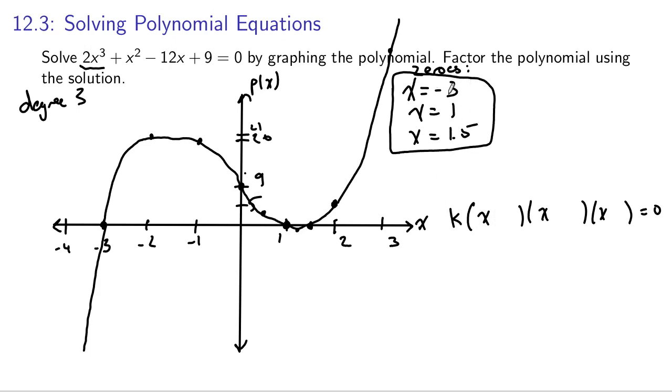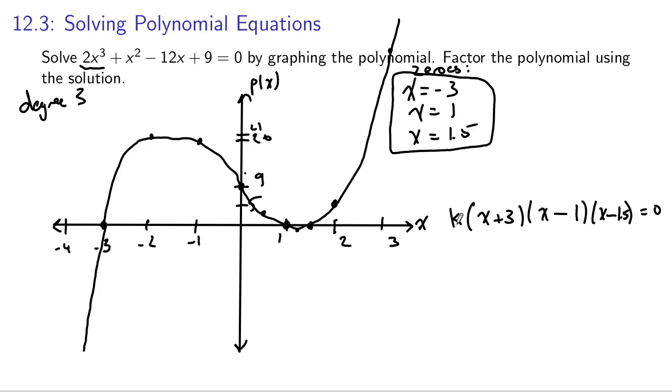So remember, each factor, because of the zero factor principle, each of these has to equal 0. This will subtract this number. So you'll have this whole problem of a form with a negative in it again. So it's x plus 3 to get a solution of x is minus 3. x minus 1 to get a solution of x is 1. And x minus 1.5 to get a solution of 1.5.